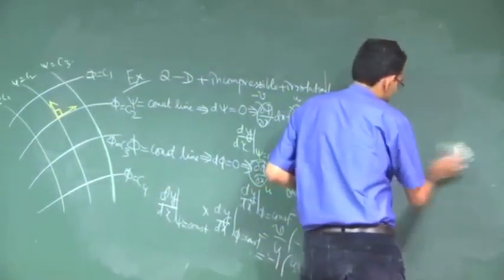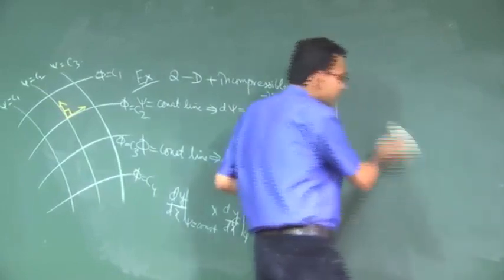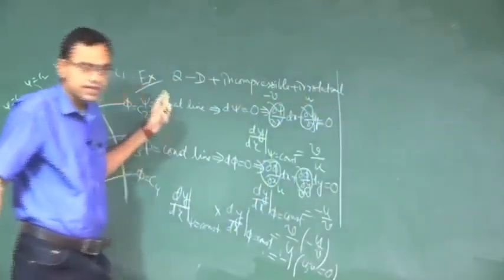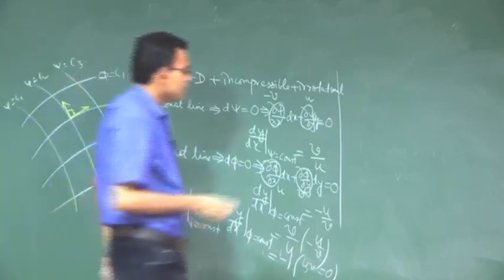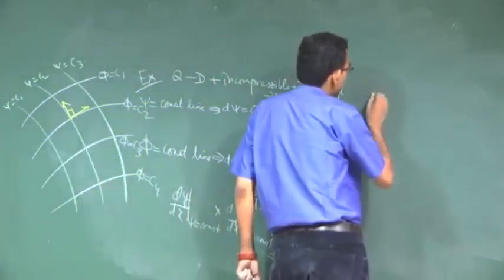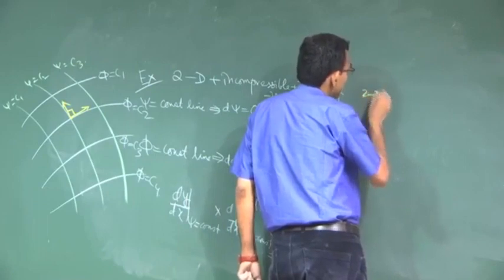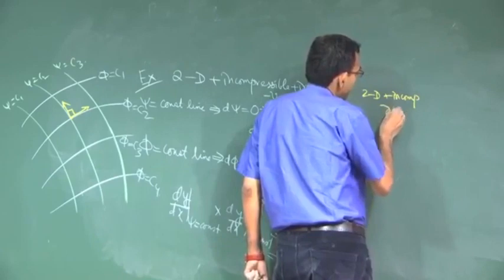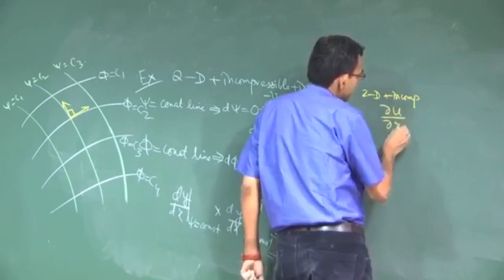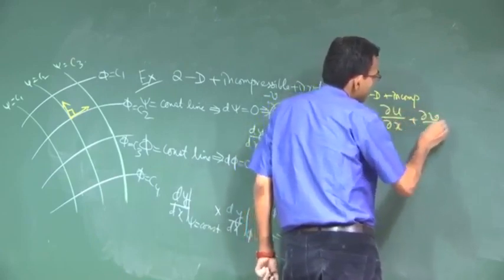Finally, what are the governing equations that phi and psi satisfy in this? So, let us say that you have 2-dimensional plus incompressible flow. So, you have del u del x plus del v del y equal to 0.